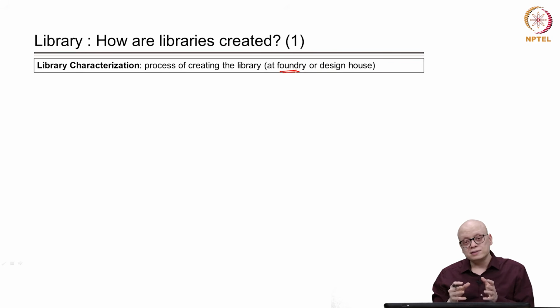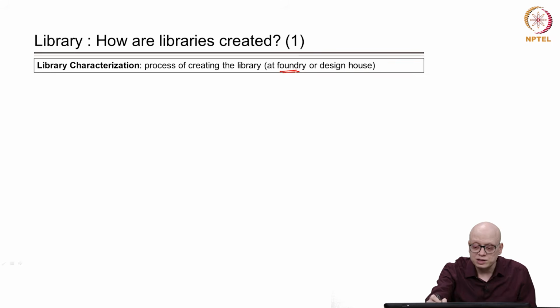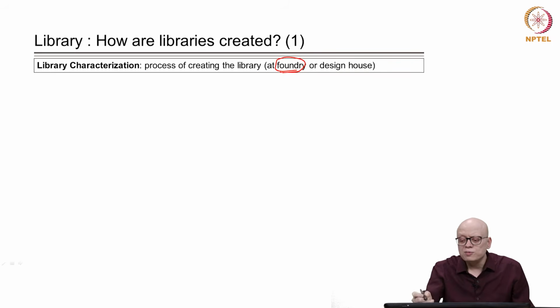They can design the standard cells and then give the library to the designer, and the designer will basically instantiate those cells from the library and make a design. So, either this characterization can be done at the foundry, in which the foundry creates the library, or an individual design house can also undertake creating the libraries on their own.